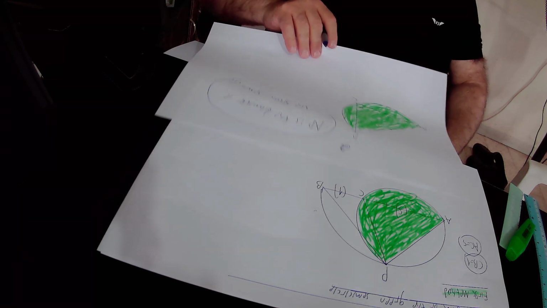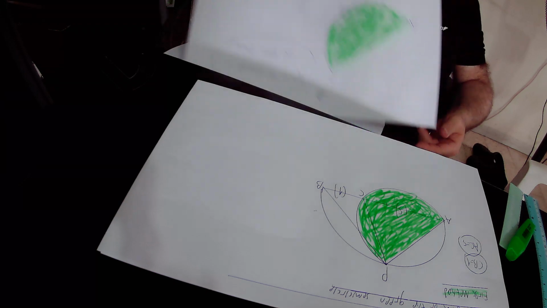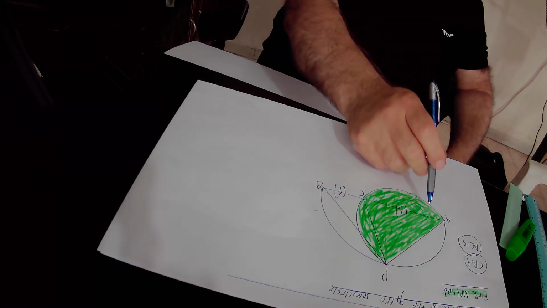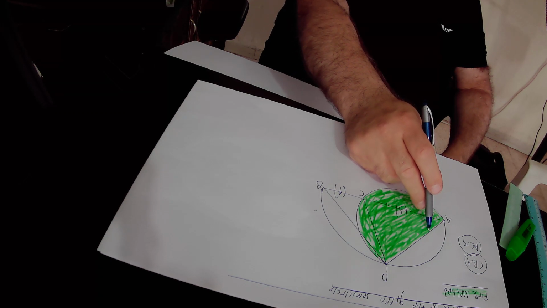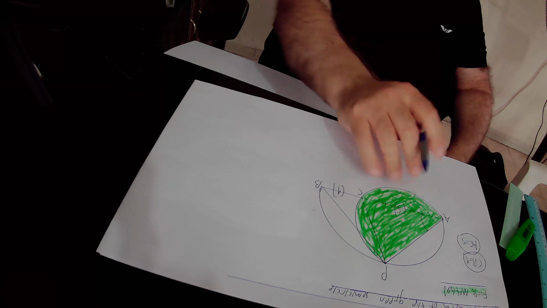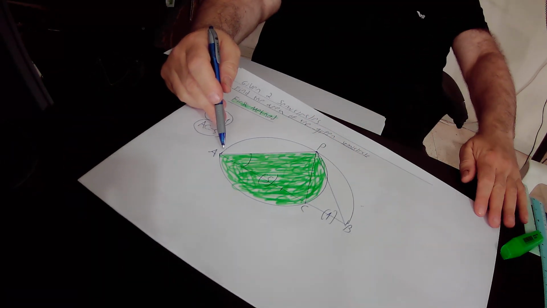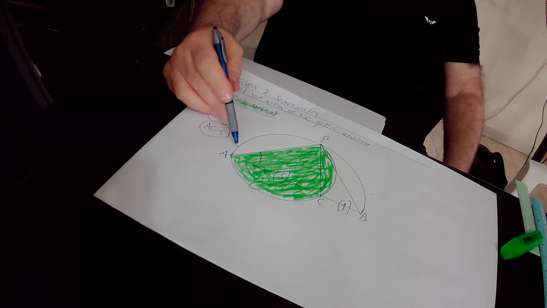Okay. So if we focus on the original drawing, this is angle A, and this angle A is a common angle that belongs to both triangles.